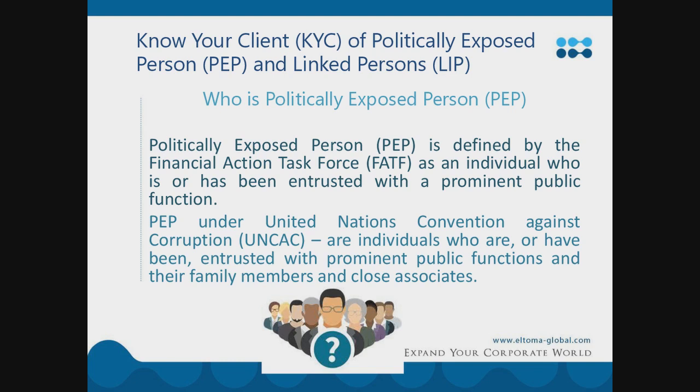So in general, the term politically exposed person dates back to the late 1990s, where the Nigerian dictator Sani Abacha, along with his family members and close associates, organized massive theft and withdrawal of assets from accounts of the Nigerian government. So this term became used in legislation in the early 2000s.